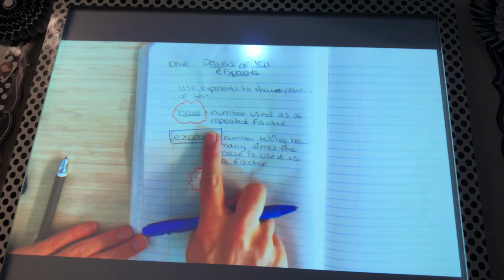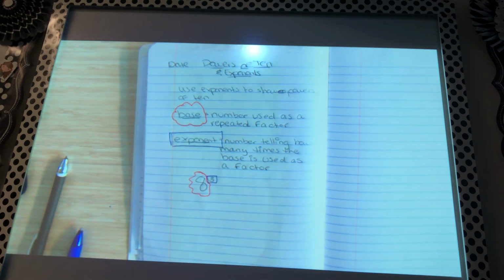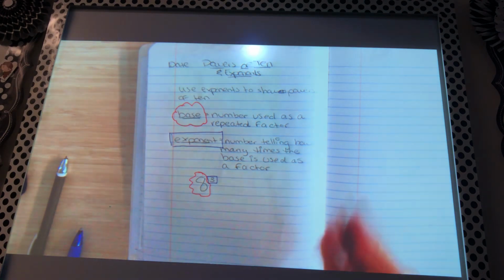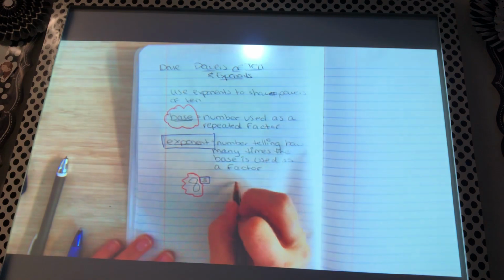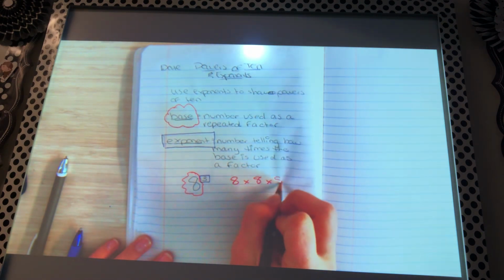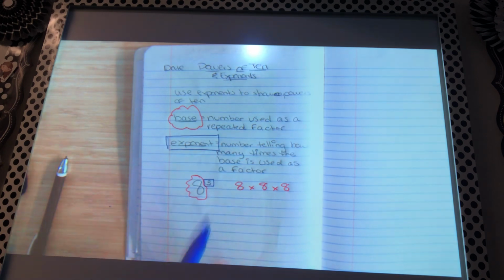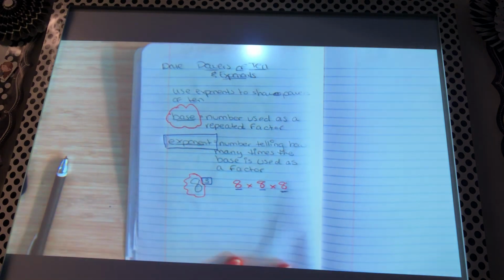So if you notice, the base is the red and the exponent's the blue. So the exponent tells me how many times to repeat my base as a factor. So since I have a 3 as an exponent, that means my base will be used as a factor 3 times. 8 times 8 times 8. So it repeats 3 times because my exponent is 3.